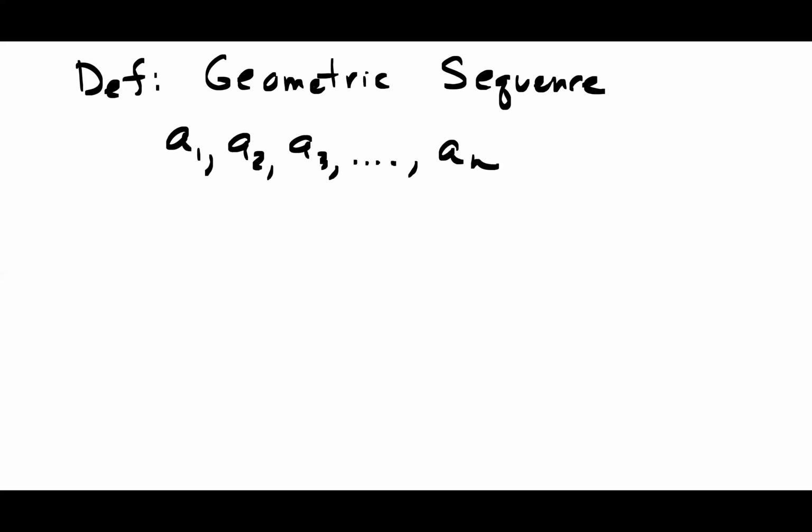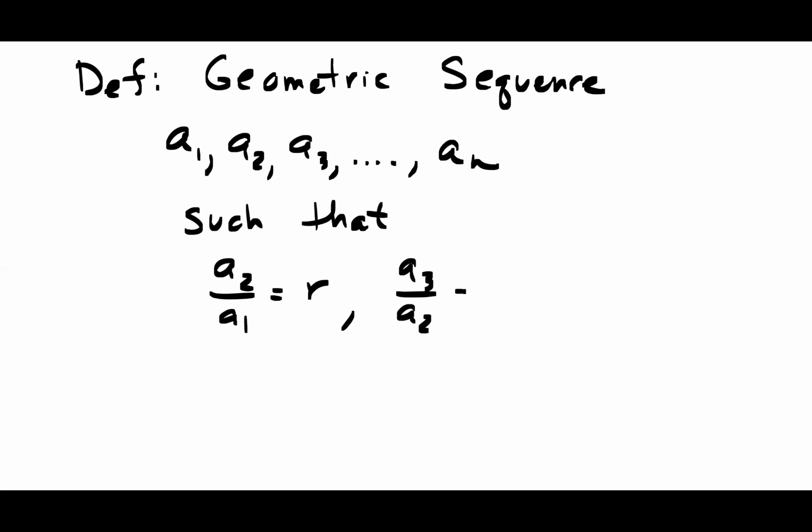If this is a geometric sequence, then there's a condition: a2 divided by a1 is going to give you an r value. The third term divided by the second term will give you the exact same r value. And you can keep on going. The fourth term divided by the third term will give you the same r value.